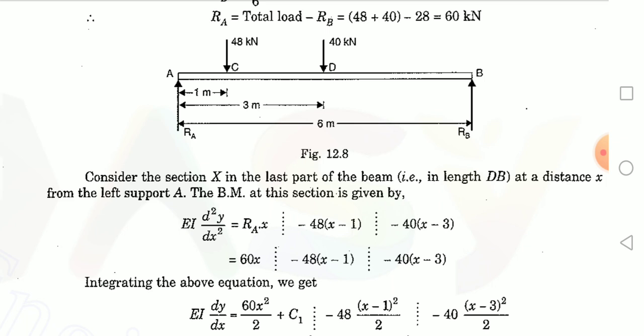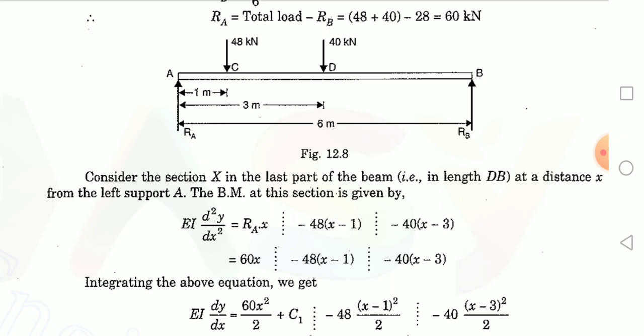So now this RA into X, moment RA into X, that is for that reaction load A. Then this 48, so moment from 48 kilonewton, so that X distance. So you know that X distance is from section XX to left end. So for 48 kilonewton, that is X minus 1. So 48 into X minus 1.